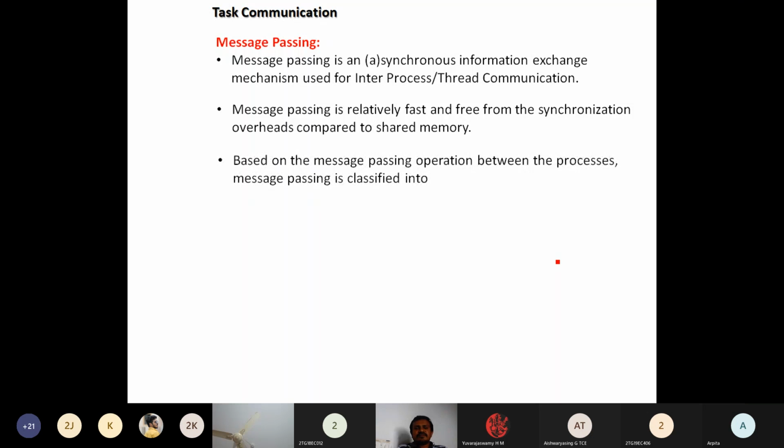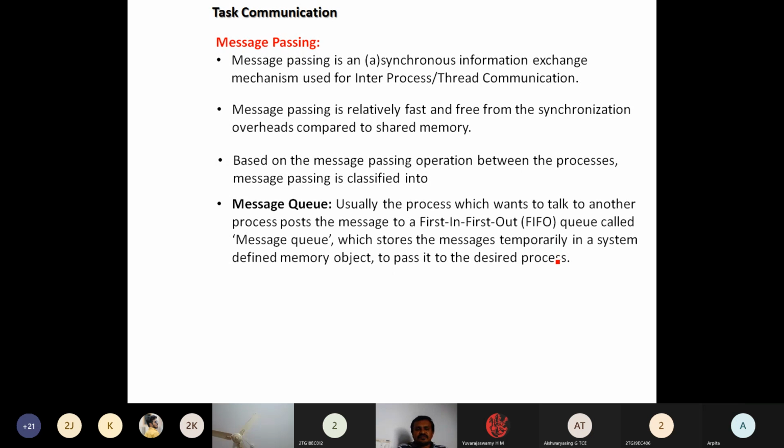Based on the message passing operation between the processes, message passing is classified into message queue. Usually a process which wants to talk to another process posts the message to a first in first out queue called a message queue.